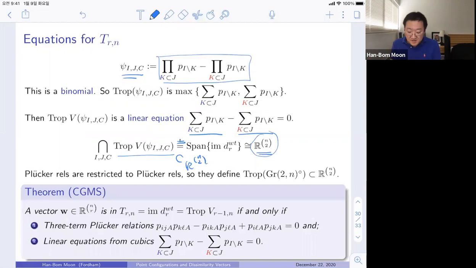So as a result, we can make the following very nice criterion. A vector W is in the image of the weighted dissimilarity map if and only if it satisfies two different kinds of defining equations. The first one is the three-term Plücker relations. And the second one is the linear equations from cubics.